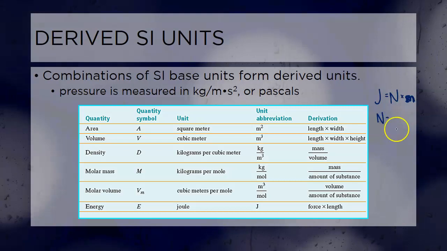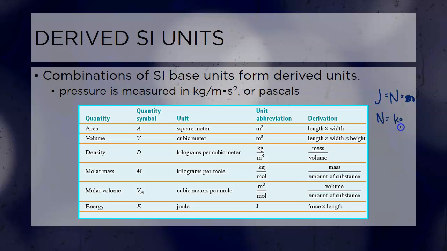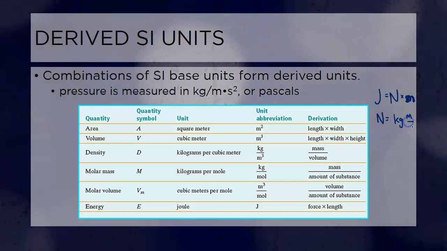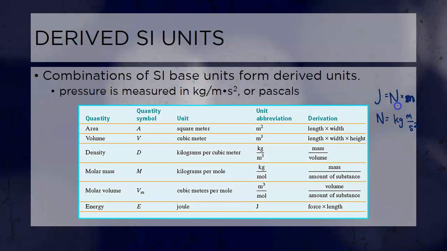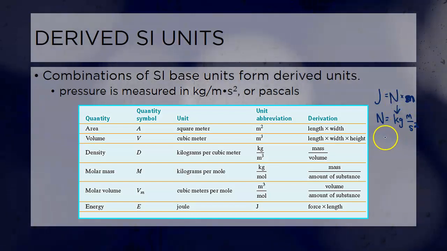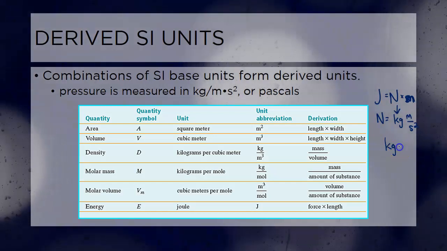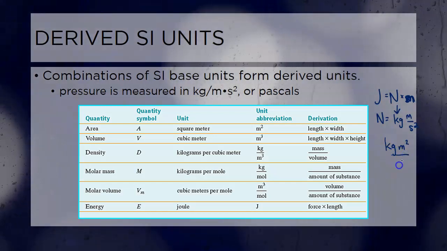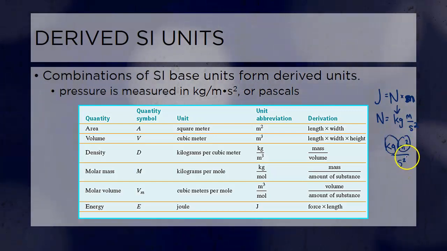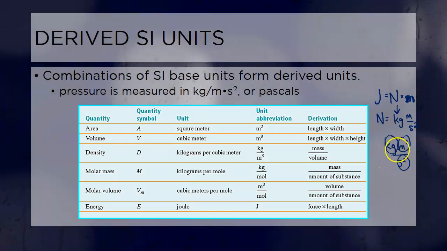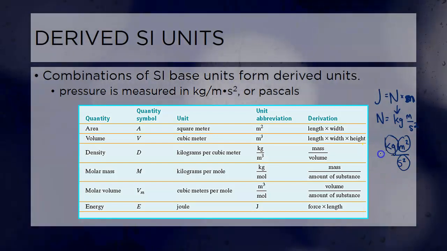A newton is a mass times an acceleration, so it's a kilogram times a meter per second squared. So this is what a newton is. So a joule is a kilogram meter squared per second squared. So notice I have a mass in there, I have two lengths in there, and I have two times in there. But that is what a joule is equal to.